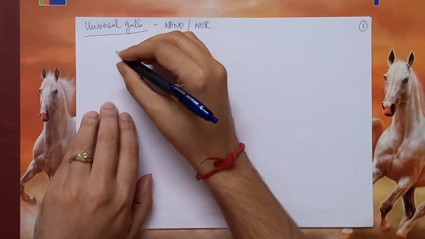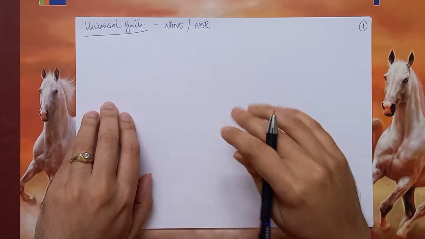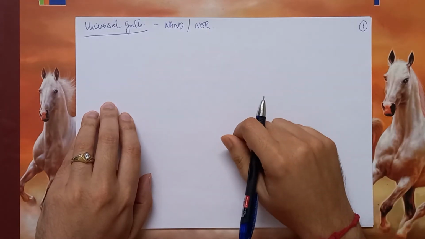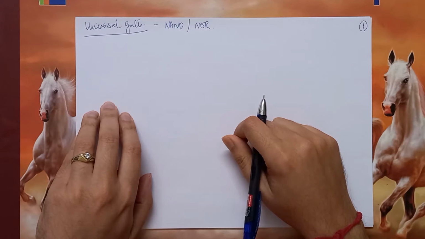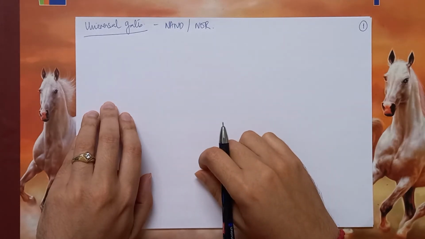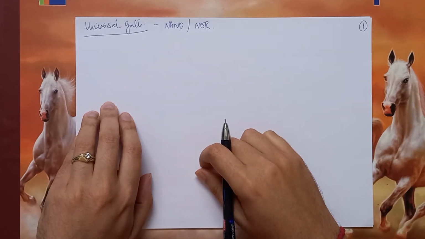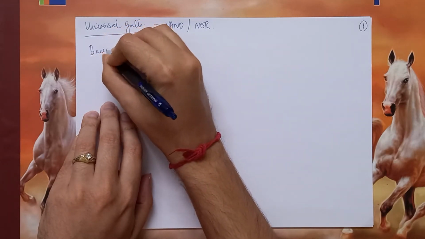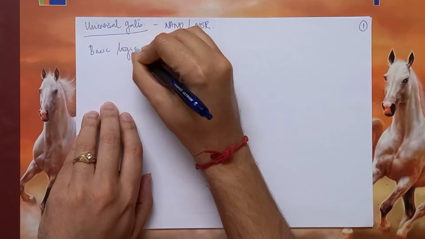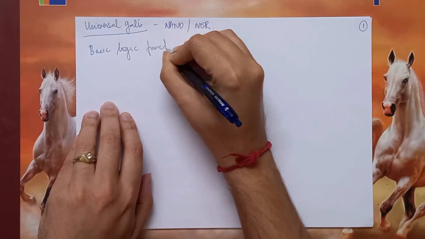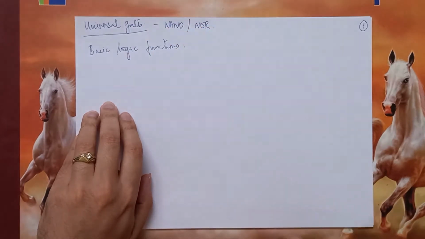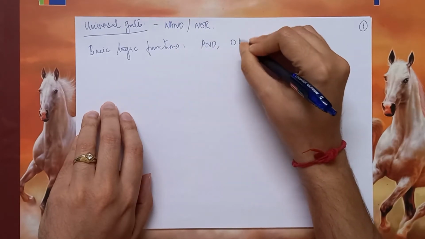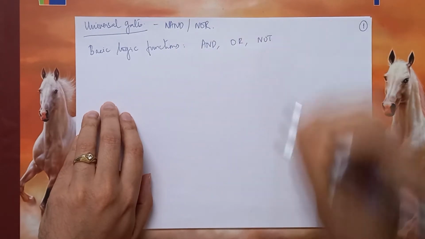So therefore, we know already that there are, so to speak, three basic logic operations which form the foundation for all possible logic functions. And those basic logic functions are nothing but AND, OR, and NOT.